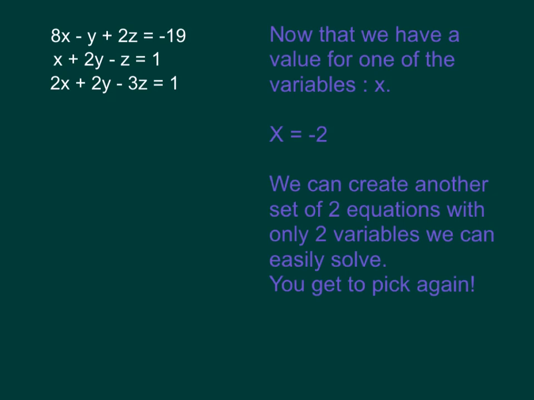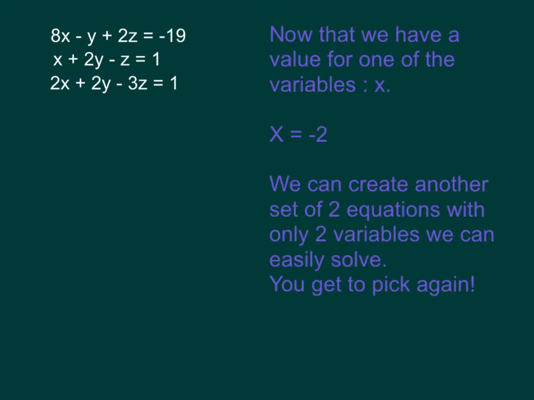We can create another set of two equations with only two variables that we can easily solve once we take that value of x equal to negative 2 and plug it in. It's very simple. Remember I told you it was like a puzzle, drilling down using the skill of elimination to find out what the value of each of these variables would be. Once again, you get to pick which two equations you want to use.